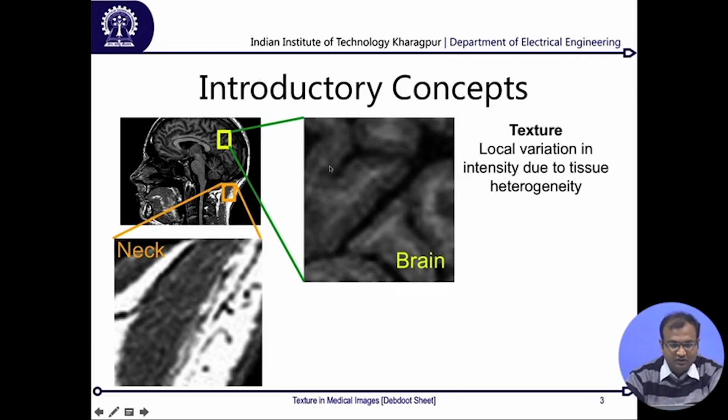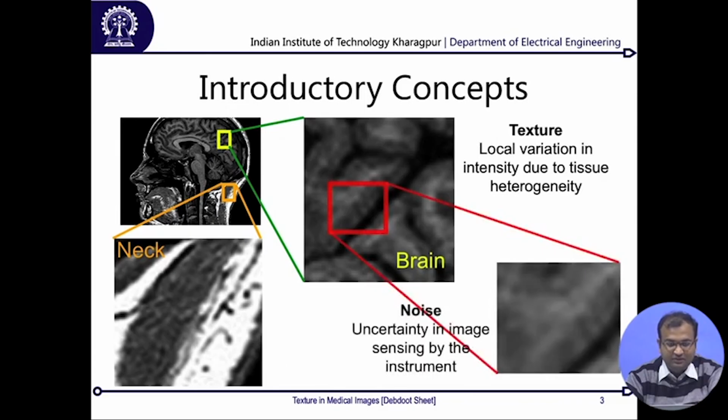Now, this is what is defined as texture, which is basically the local variation in intensity, and which is due to the tissue heterogeneity present. Along with this, you can contrast another behavior which is called noise, and that is due to the uncertainty in the image sensing by the instrument. If you zoom in much closer, noise and textures in general appear at different scales of magnification.